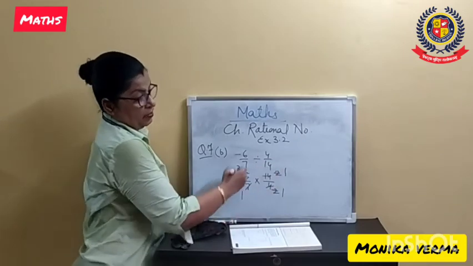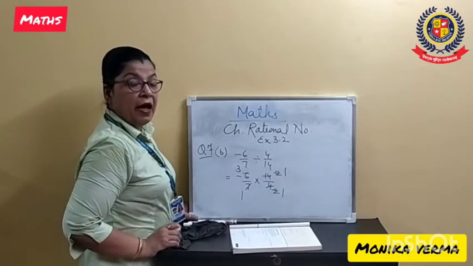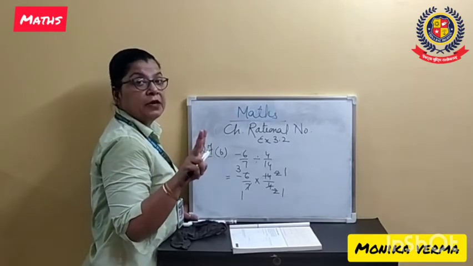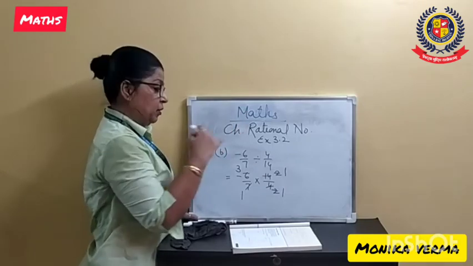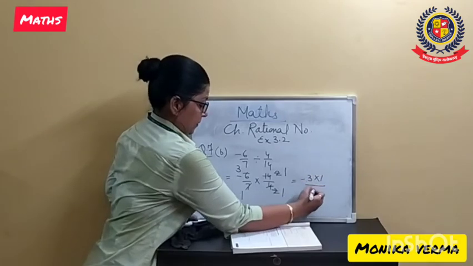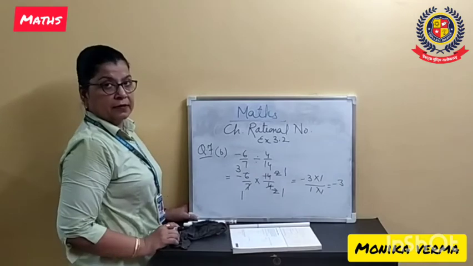We are continuously dividing, but always with the same number and only numerator and denominator. We cannot cancel two numerators or two denominators. Every time one numerator, one denominator. So what we got now? Minus 3 into 1, 1 into 1. So our answer is minus 3.